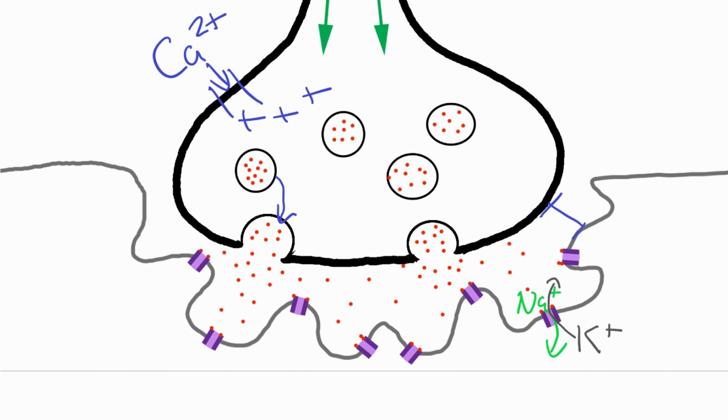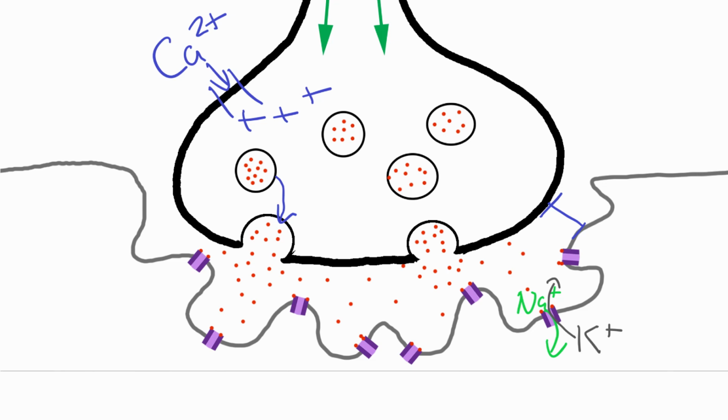Each individual chemical receptor here, the acetylcholine receptor, can cause a small localized change, a small localized depolarization. If those small depolarizations, those small graded potentials, can add up to reach the threshold, negative 55 millivolts, then you can trigger the next action potential.